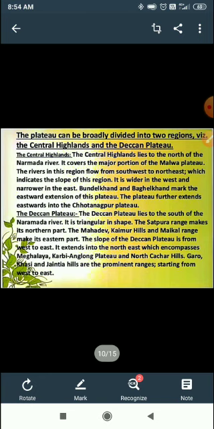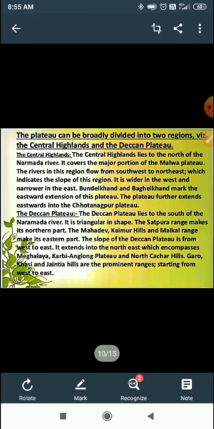Generally, we can see the northwestern part of India and the eastern part. The western part has a steep slope, and the gentle slope is toward the eastern part. That's why most of the rivers of India flow in the direction of the eastern part, not the western part, due to the slope.